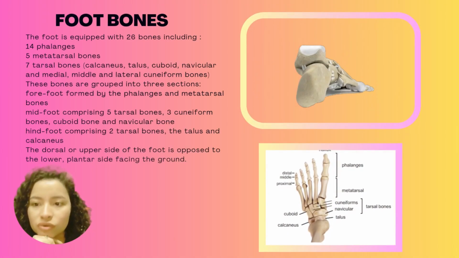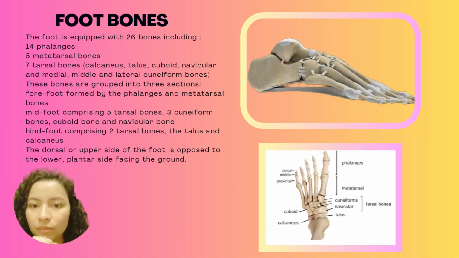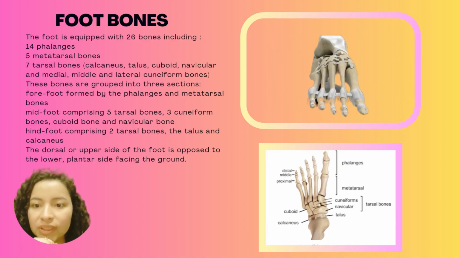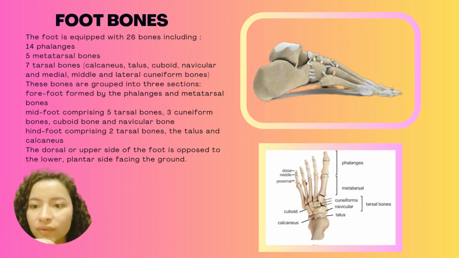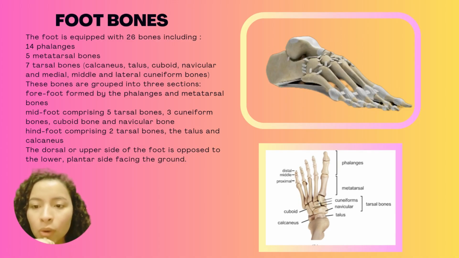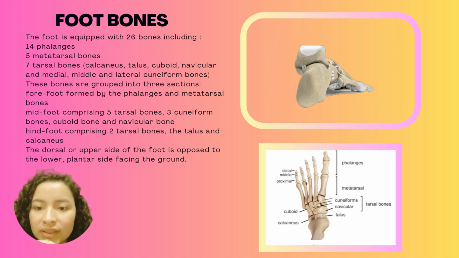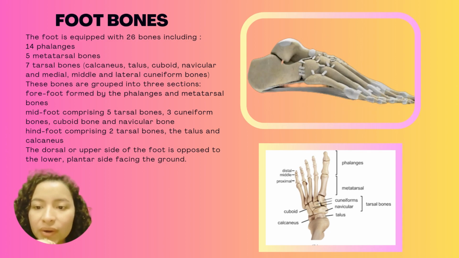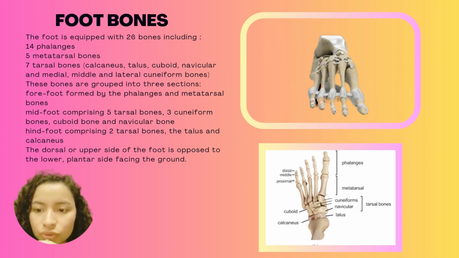Foot bones. The foot is equipped with 26 bones, including 14 phalanges, 5 metatarsal bones, 7 tarsal bones: calcaneus, talus, cuboid, navicular, and medial, middle, and lateral cuneiform bones.